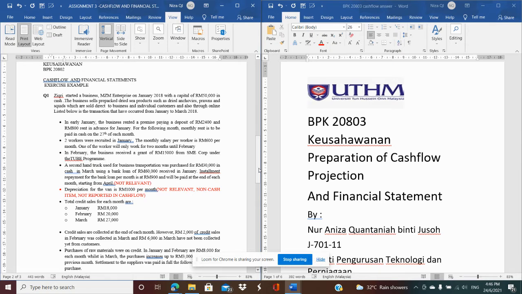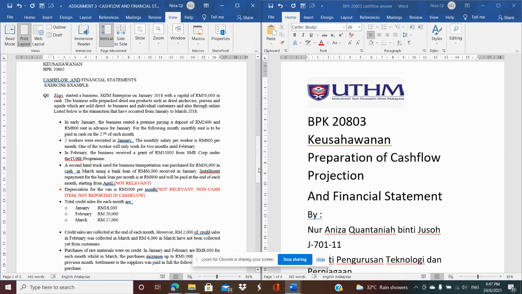So now we're not going to look into when money comes in or goes out, but we're going to look at when the action takes place. We're going to disregard whether we receive or pay any money. We want to know when the action took place, the timing, the period.